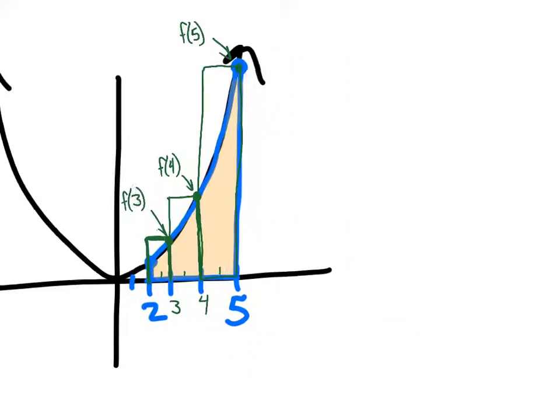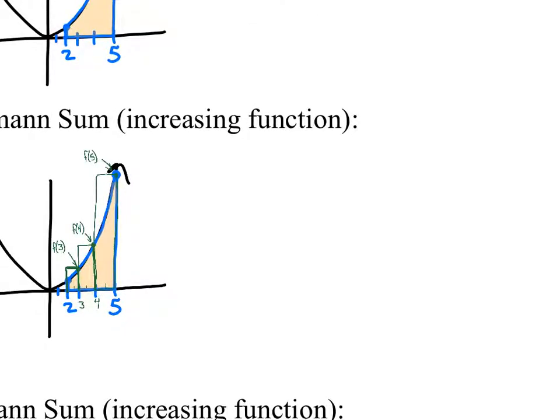All right? So if I'm approximating that area, the area is going to be approximately 1 times whatever f of 3 is, plus 1 times f of 4, plus 1 times f of 5.